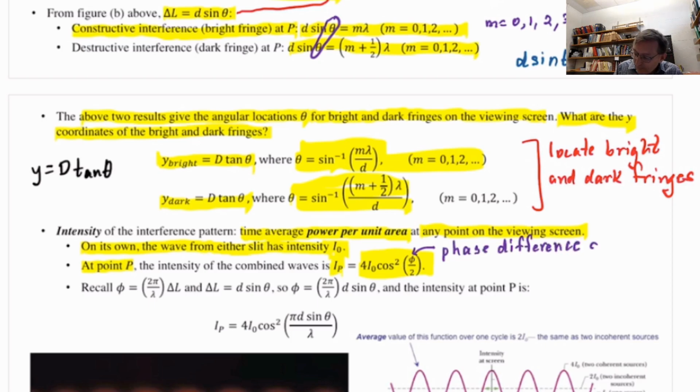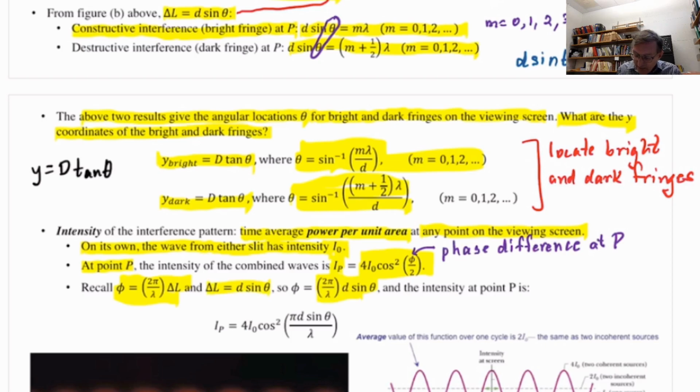And remember how we calculate that phase difference. It's 2 pi over the wavelength times the path length difference, and the path length difference is little d sine theta. So that expression is 2 pi over lambda times little d sine theta.